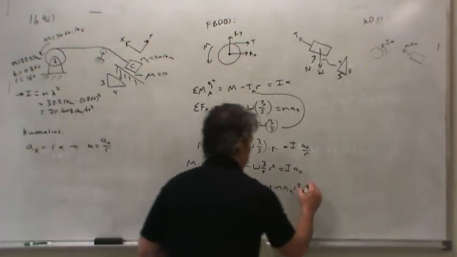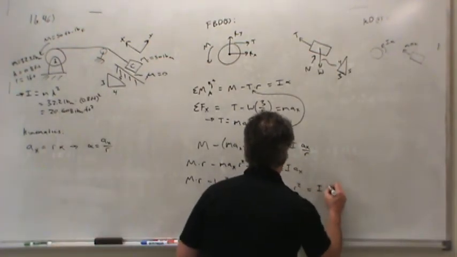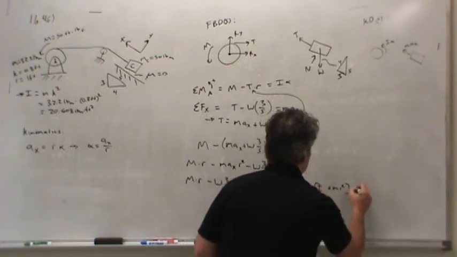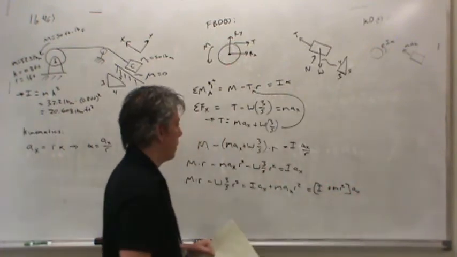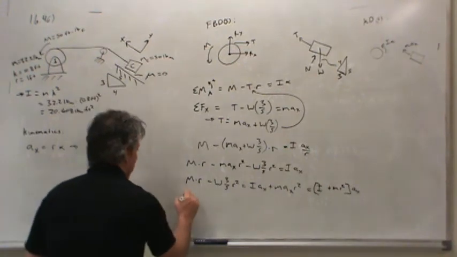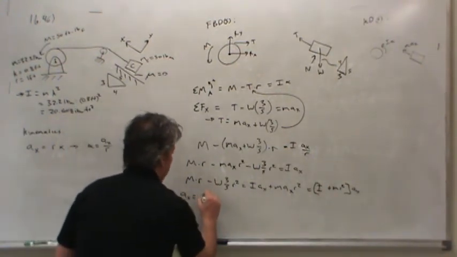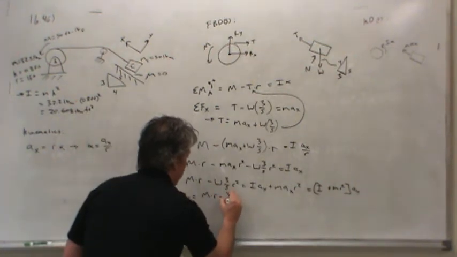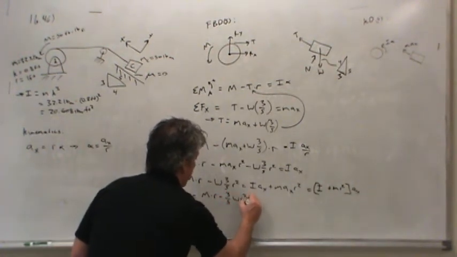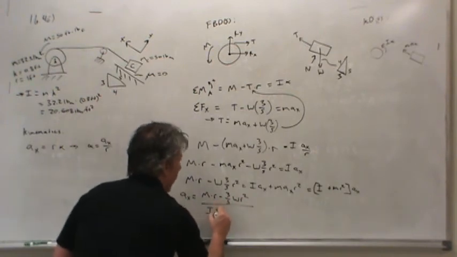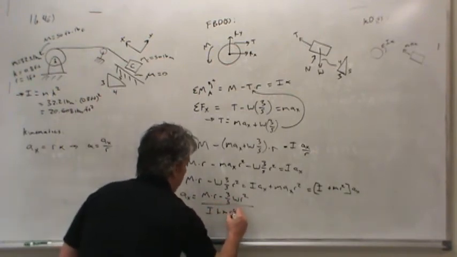And so this is the same thing as I plus m R squared multiplied by AX. And so, solving for the acceleration of the block in the x direction, I get the moment times R minus 3/5 of the weight R squared, divided by I plus m R squared.